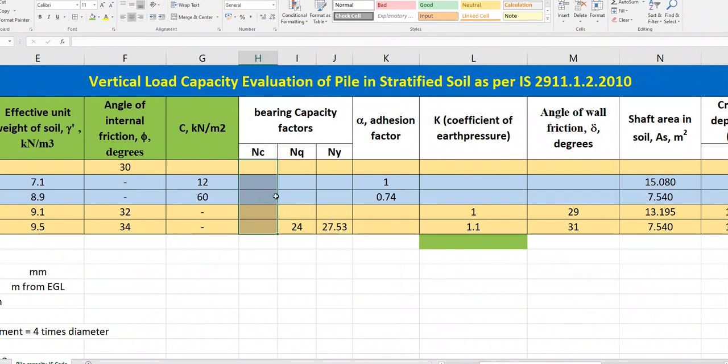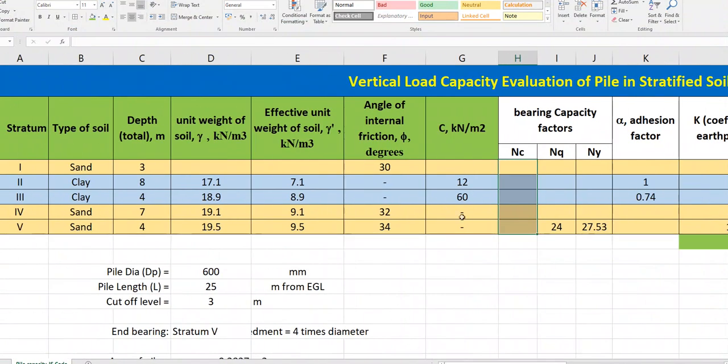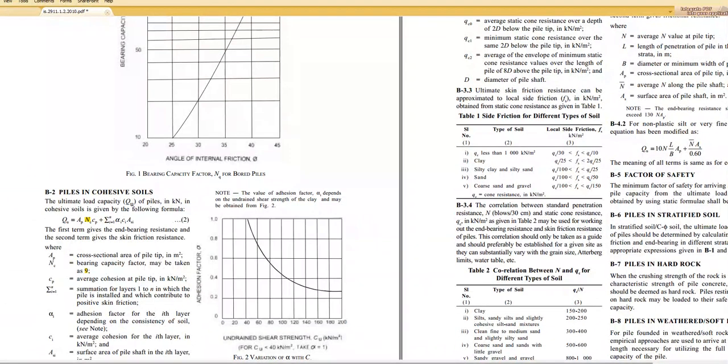Any guesses why? The answer is very simple: our pile is ending in the fifth stratum, which is sand. NC is used in pile end bearing calculations when the pile is ending in clay. Here the pile is not ending in clay, it is ending in sand.